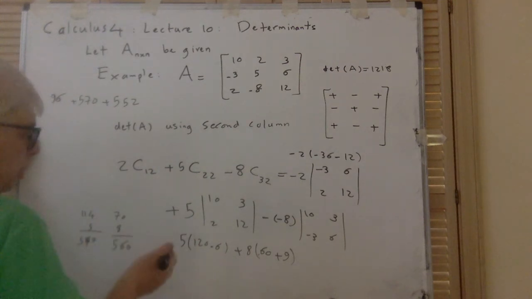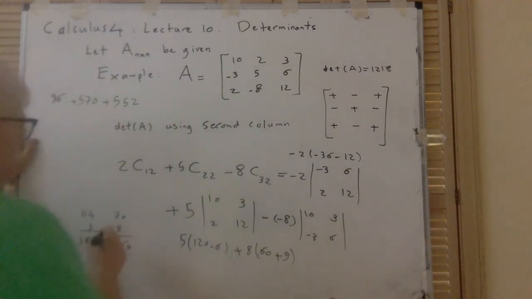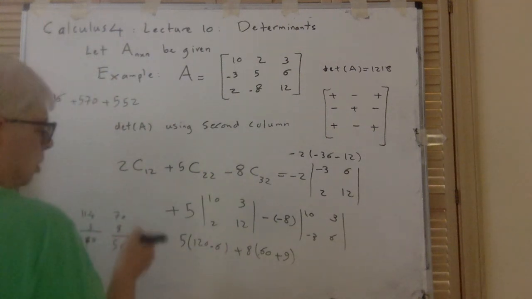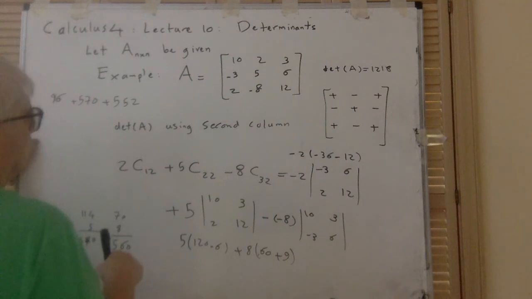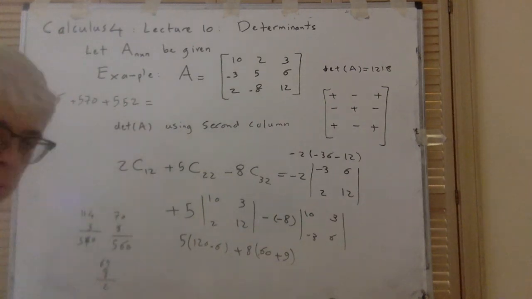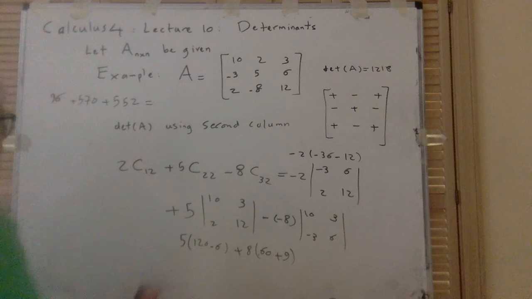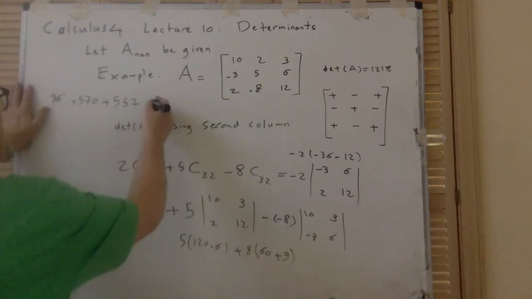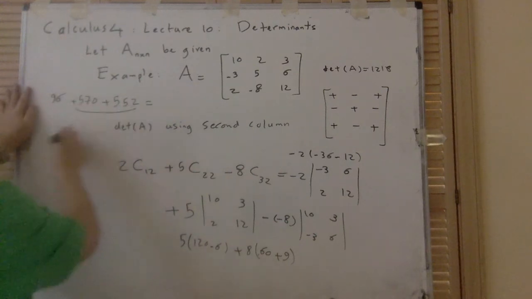Well, let's see. Yeah, that's correct. So this is 1000. Let's put these together. That's 1000 and 70. That's 1218. Is it?